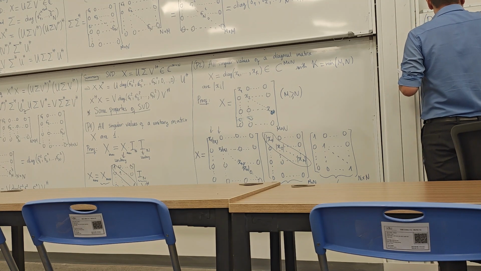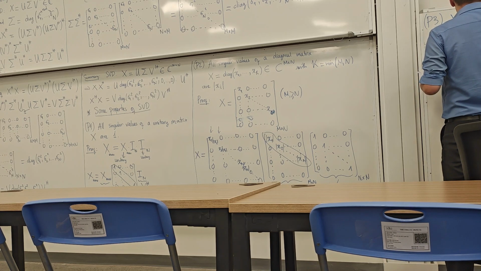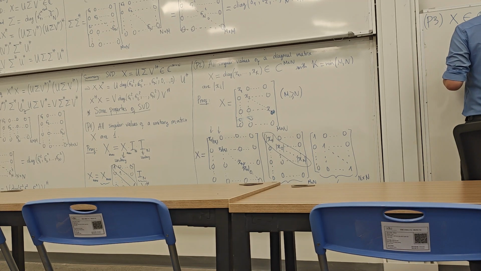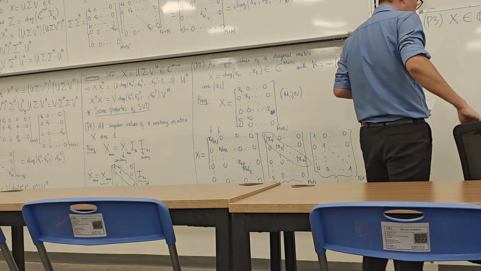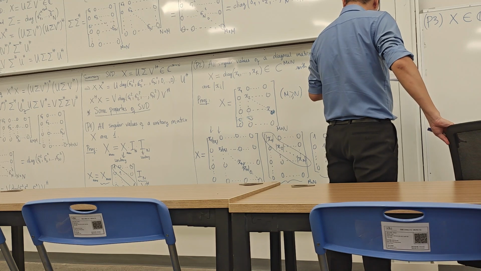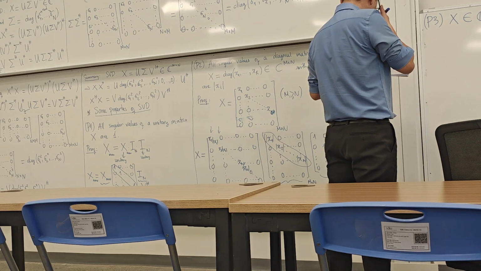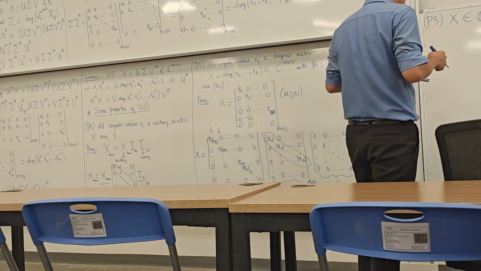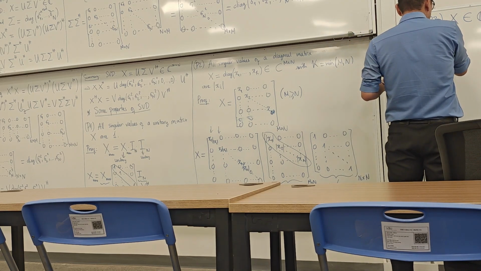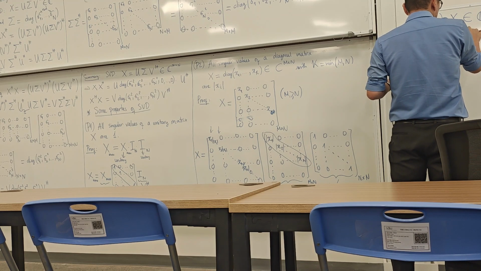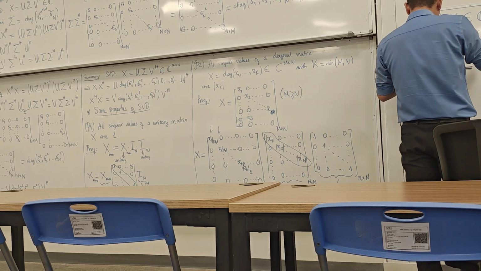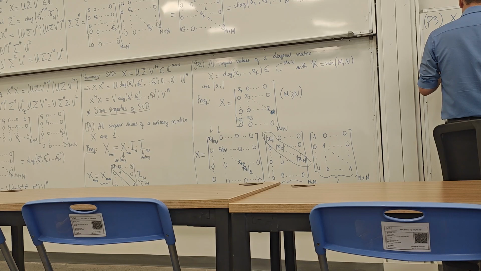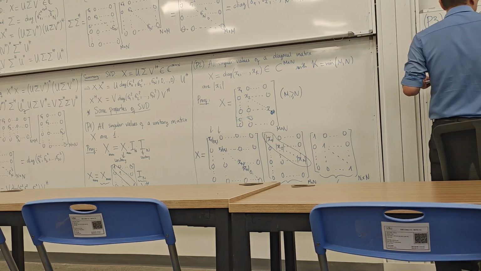If X belongs to C^(n by n), I mean square, X is invertible. It means the determinant of X is non-zero. Okay, maybe it's better if I do the following.